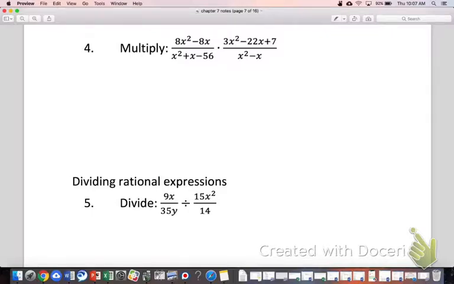So, as I said, the first step, always factor everything first. So let's go through this one together here, and this is somewhat like the video. This one's a little more complicated. So let's go step by step. Take a look at that upper left numerator. Factoring wise, we always want to ask ourselves if there's a GCF. Do you guys see a GCF in that one? Yes. 8 and an x, right?